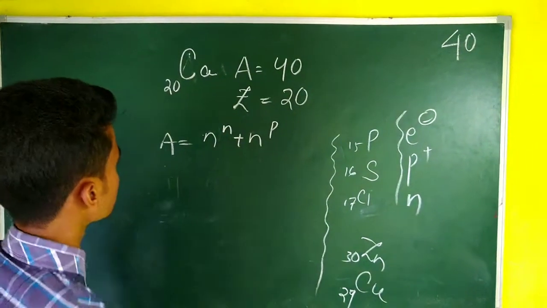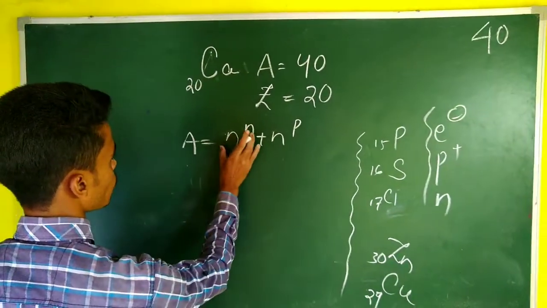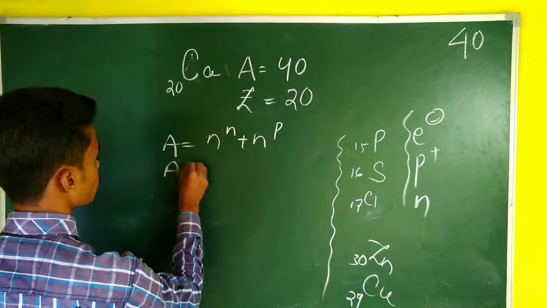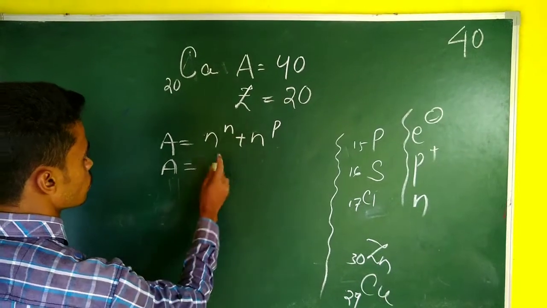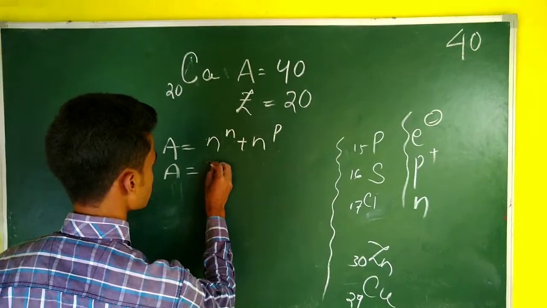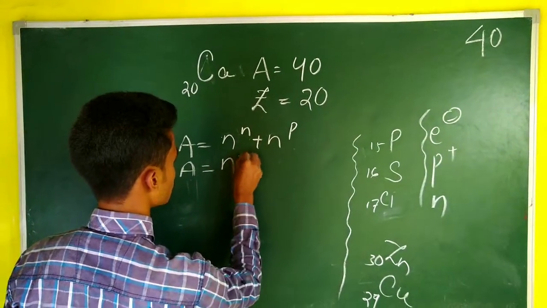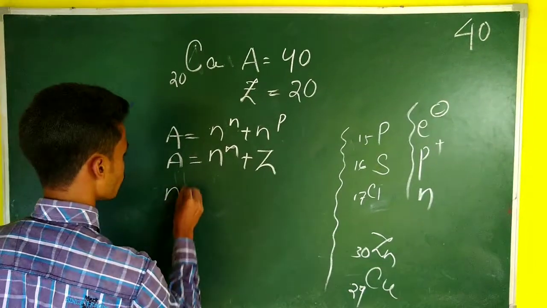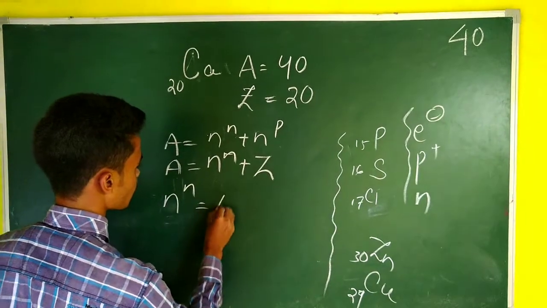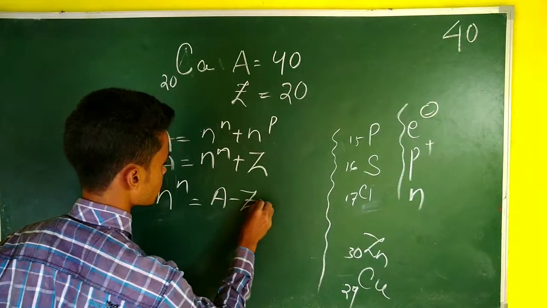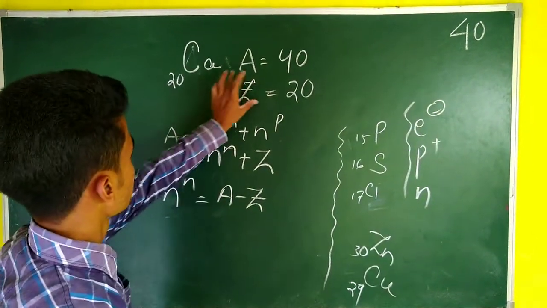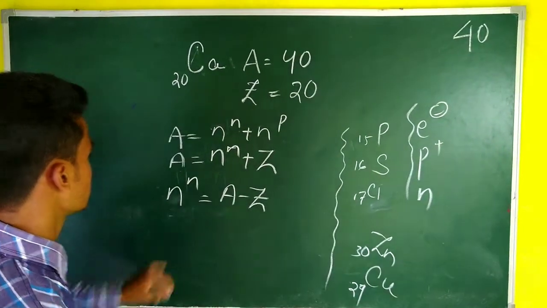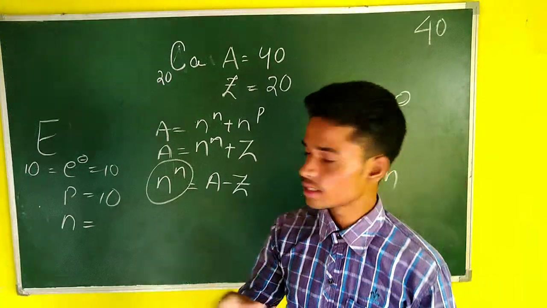We know that atomic mass is equal to number of neutrons plus number of protons. So A value is equal to number of neutrons plus Z. Then number of neutrons is equal to A minus Z. If we subtract atomic number Z from atomic mass, then we can find the neutron value.